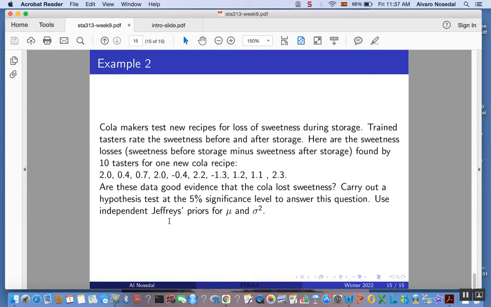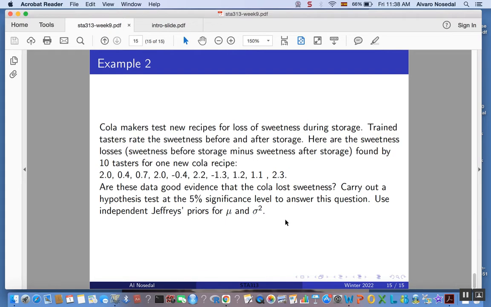As we said, we are going to be using Jeffreys priors for both of them. Jeffreys prior for mu would be just proportional to the constant 1. Jeffreys prior for sigma squared would be the reciprocal of sigma squared, 1 over sigma squared. Since we're assuming that they are independent, the joint prior for mu and sigma squared would be the product of those two priors, 1 times 1 over sigma squared.